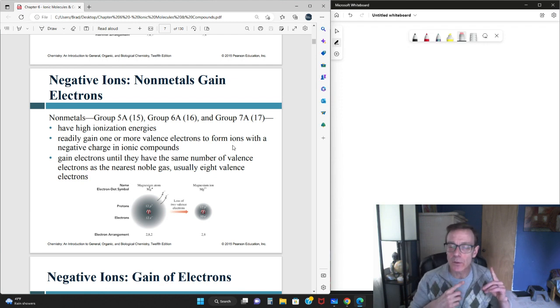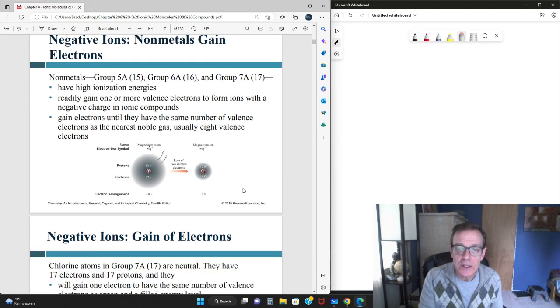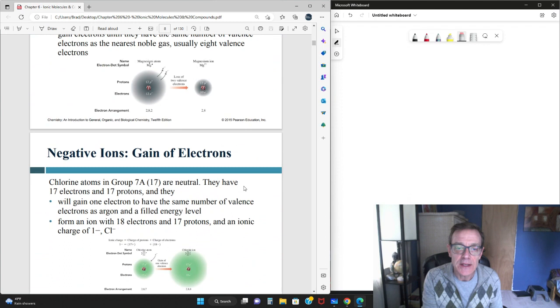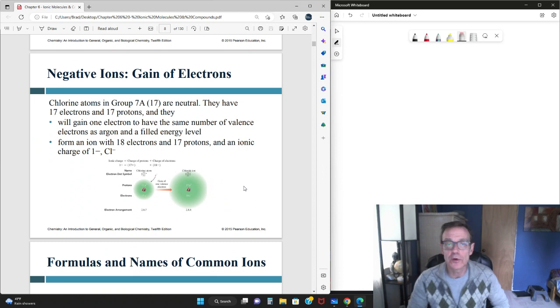So just like losing an electron in a metal gave you a positive charge, if you take on electrons, you are going to have a negative charge. Okay, so let's look at chlorine, which is in group 7A.